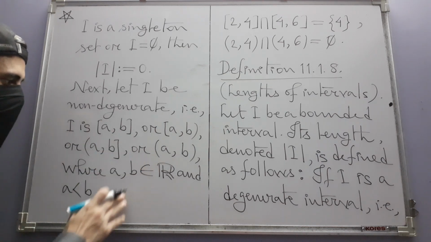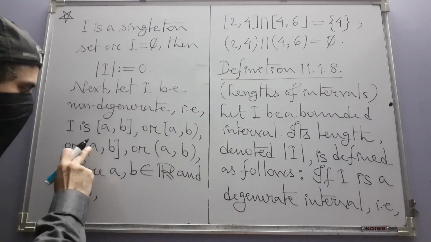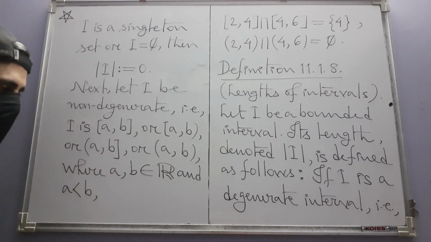Okay, so I being not degenerate means I being of one of these 4 forms where the left endpoint is strictly less than the right endpoint.